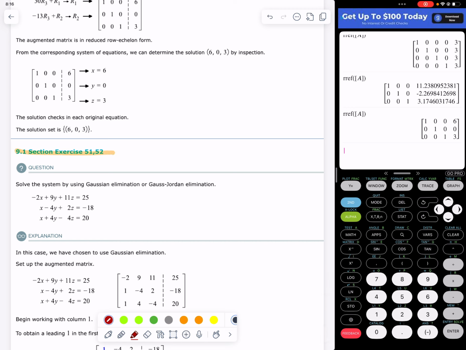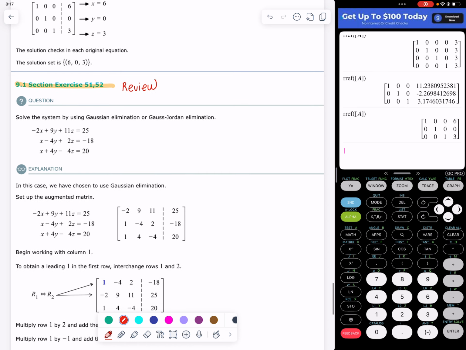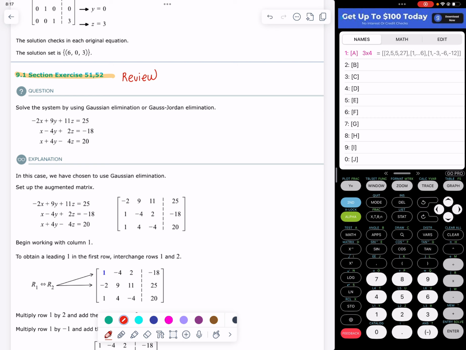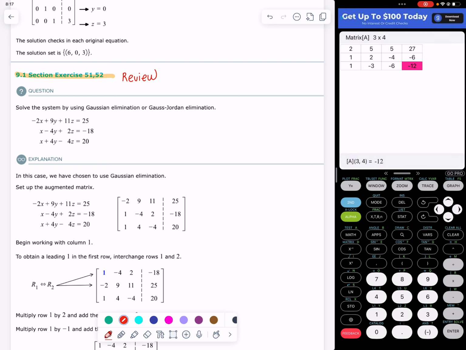This is from the review. And it looks like everything is in the correct columns. So I'm going to go straight to editing matrix A. And it looks like I have a 3 by 4. So let's go up here.